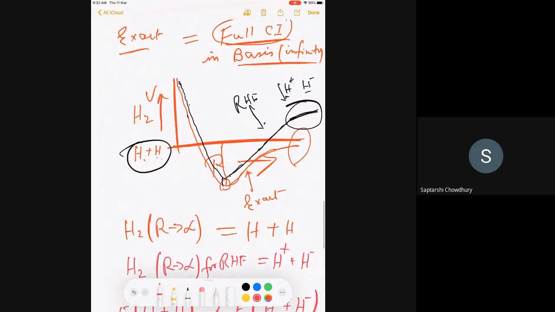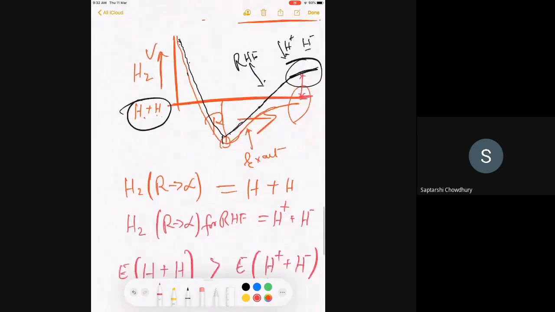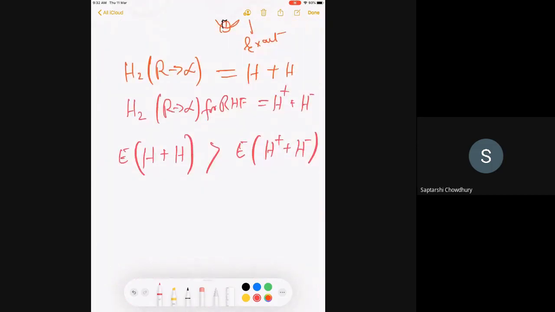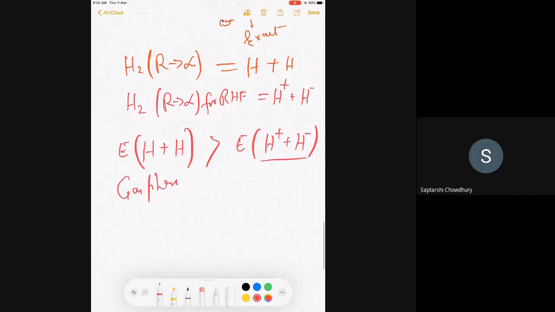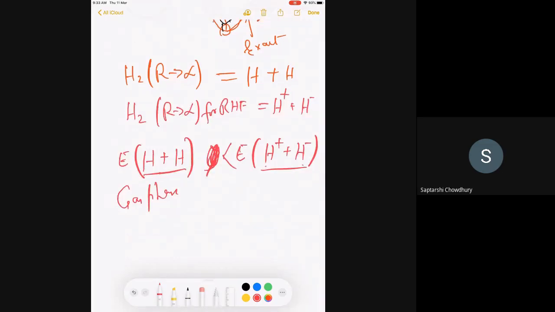Can somebody explain to me why, without doing any theory, a simple experiment? Why is the energy in gas phase of proton plus hydride higher than hydrogen plus hydrogen?